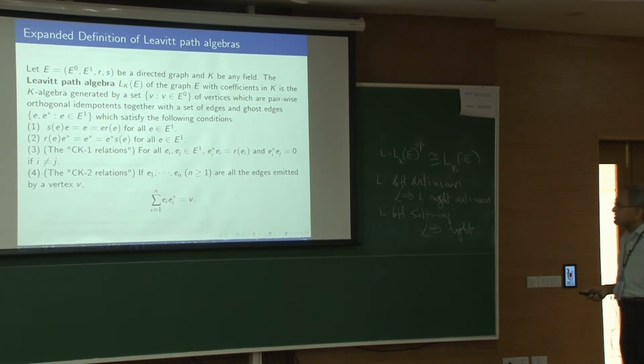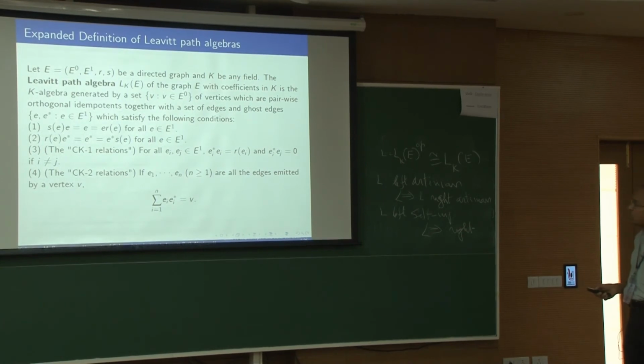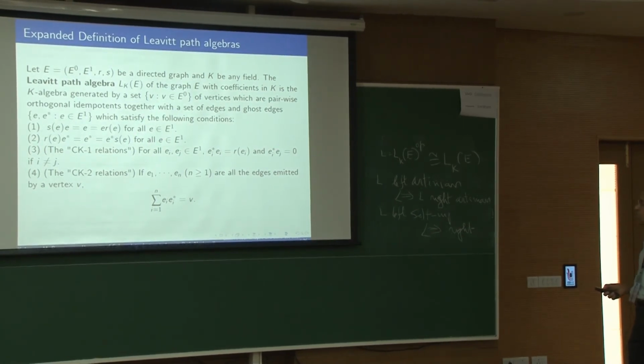And then these are the really interesting relations. Namely, the CK1 relation says that if I have two edges ei and ej, ei star times ei would be the end vertex of ei. On the other hand, ei star times ej is 0. This kills it. This is the one which simplifies the expressions in the path algebra many times.